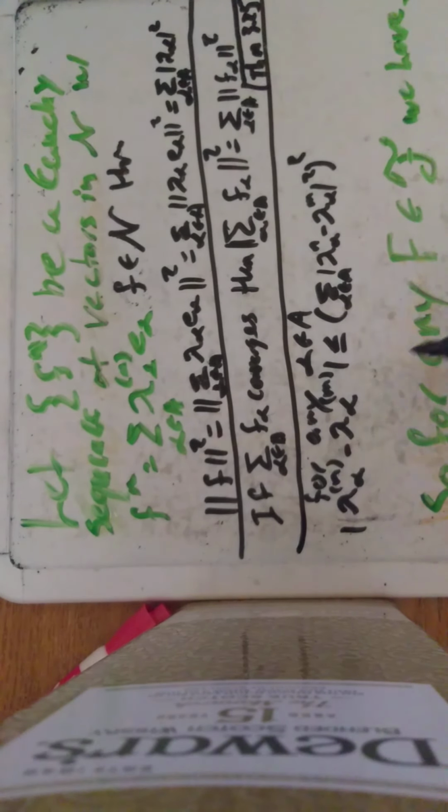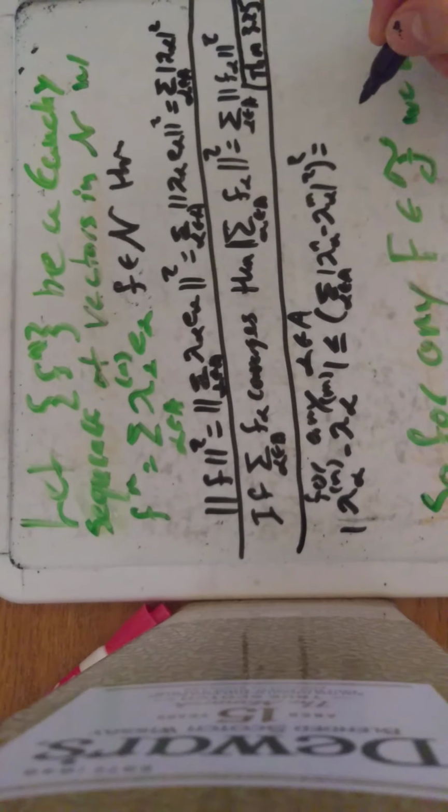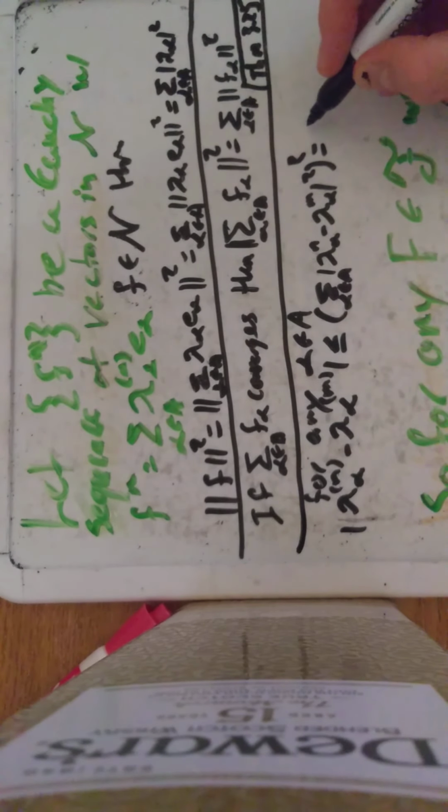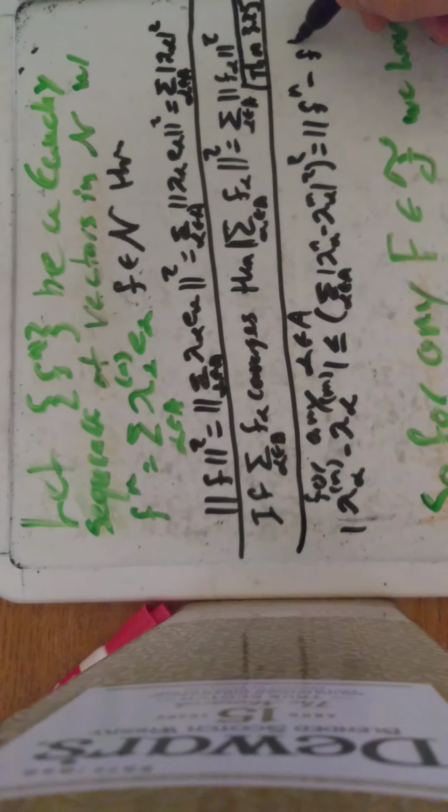The reason for this inequality is simply that this here is one of the terms inside of this sum. But this is now equal to the norm of F_n minus F_m squared. And this follows from what we showed up here.